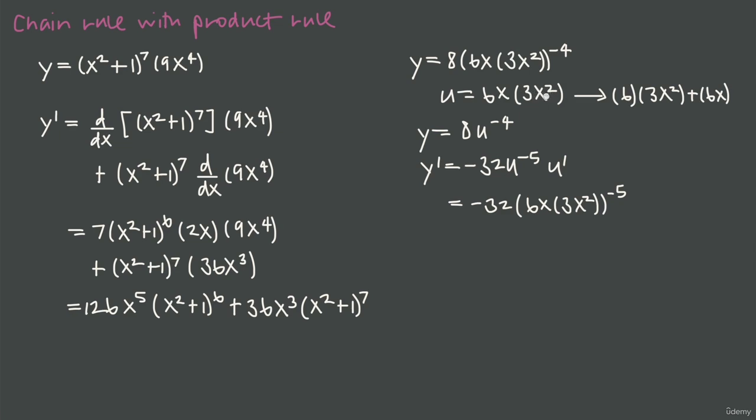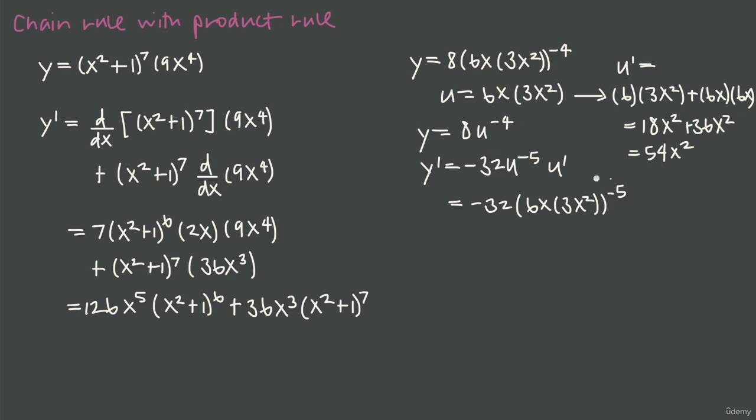Well, the derivative of 3x squared is 6x, so we multiply by 6x. This is the derivative u prime. When we simplify that, we get 18x squared plus 36x squared, or we can write that as 54x squared.